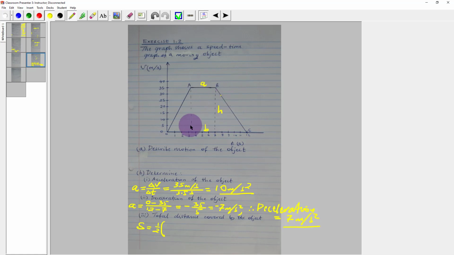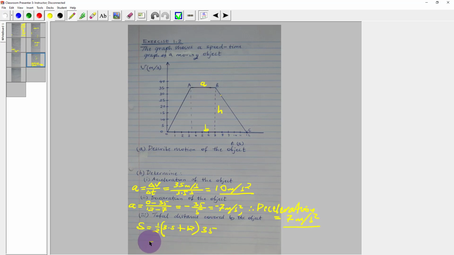So A is from 3.5 all the way to 7, and we get 3.5. So you're going to get 3.5 plus 12 times the distance here, this height here, which is 35.